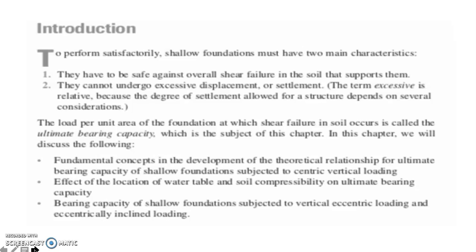The allowable bearing capacity is the ultimate bearing capacity divided by a factor of safety. You have to take note that ultimate bearing capacity is the load per unit area of the foundation at which shear failure in soil occurs.